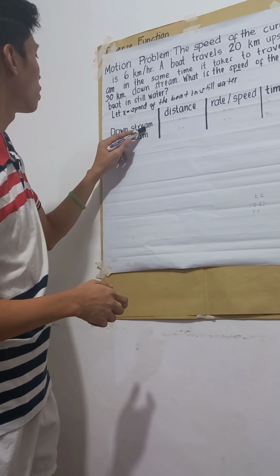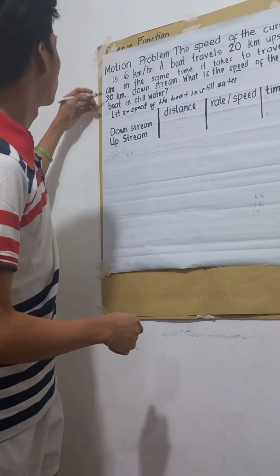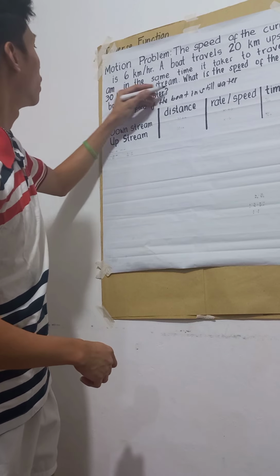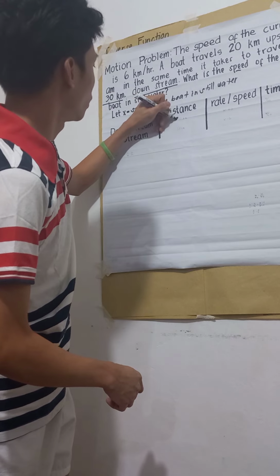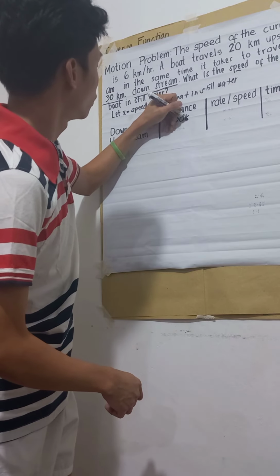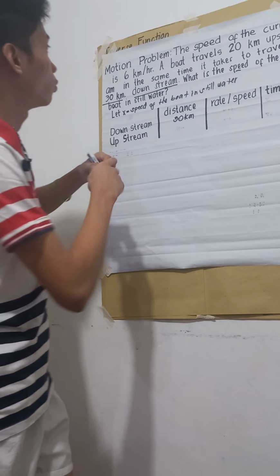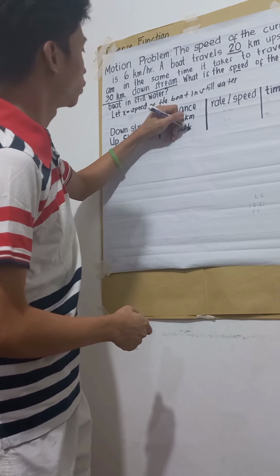The distance of the downstream is 30 kilometers. We'll put in 30 kilometers. And the upstream is 20 kilometers.